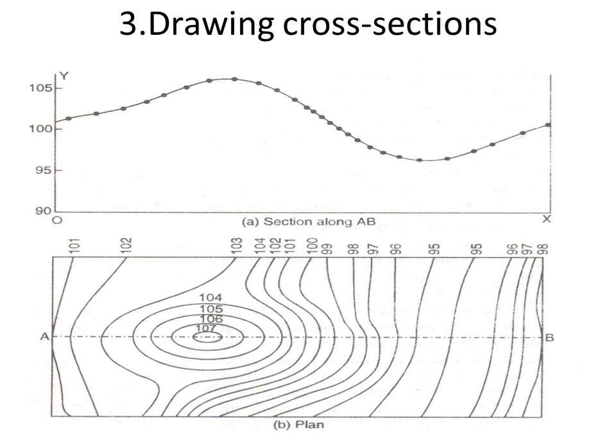Here, for example, to locate the position of A in the cross section, since the RL of point A is 101 meter and we have considered a datum of 90 meter, by taking the difference between 101 and 90, that is 11 centimeter, we have to go up so that point A is marked on the cross section.